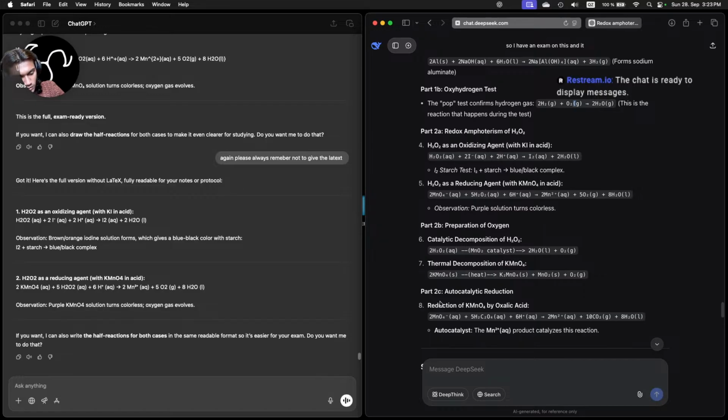2H2O plus O2. Thermal decomposition of potassium permanganate: 2 times KMnO4 gives what?